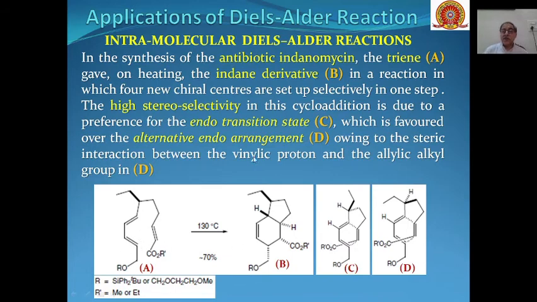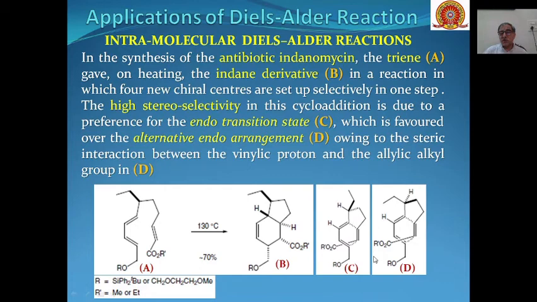The high stereoselectivity of the cycloaddition is due to the presence of an endo transition state. So this endo transition state leads to the formation of such a stereoselective reaction. This endo transition state is favored over this alternate endo transition state owing to steric interaction between the vinylic proton and the allylic alkyl group.